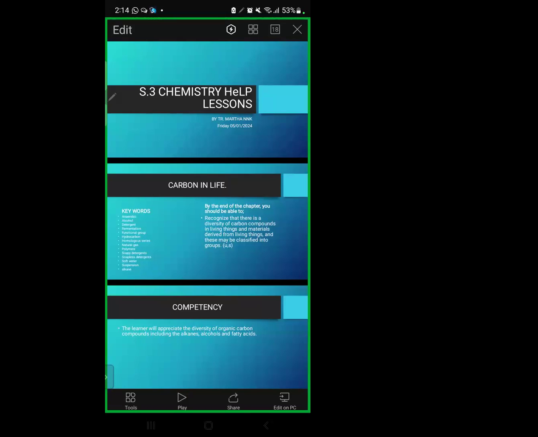Who can remind us the general formula we found out for alkanes? Anyone that remembers?